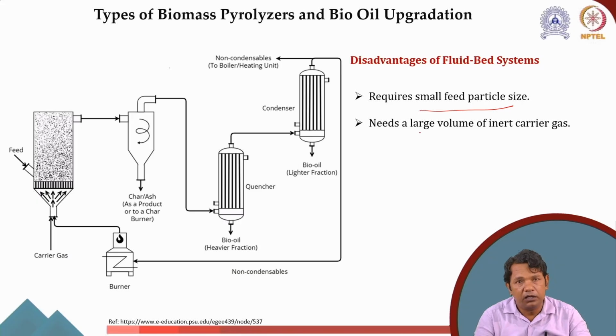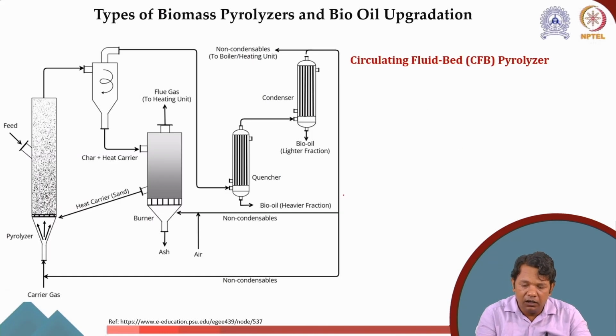The minimum fluidization velocity depends on the particle size as well. Therefore, lower particle sizes are preferred. The operating cost is high, definitely. Now, the other kind of pyrolyzer we have is the circulating fluidized bed pyrolyzer.